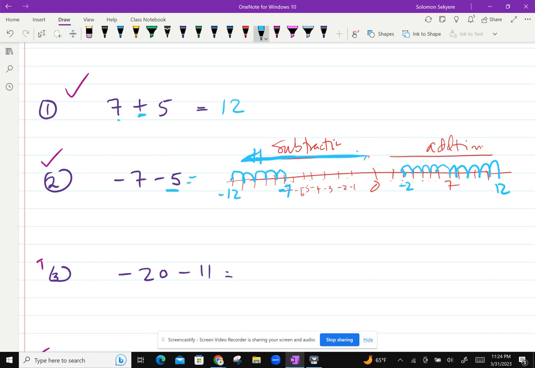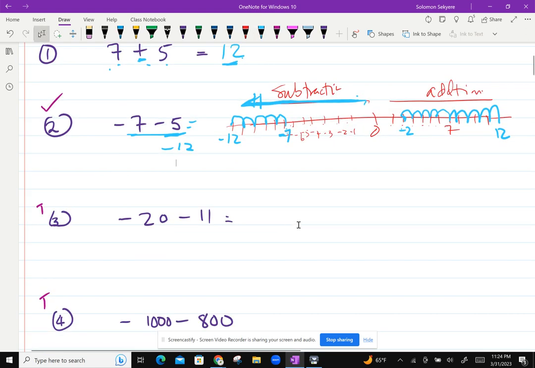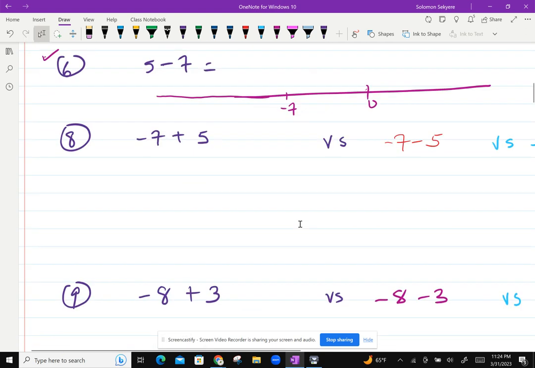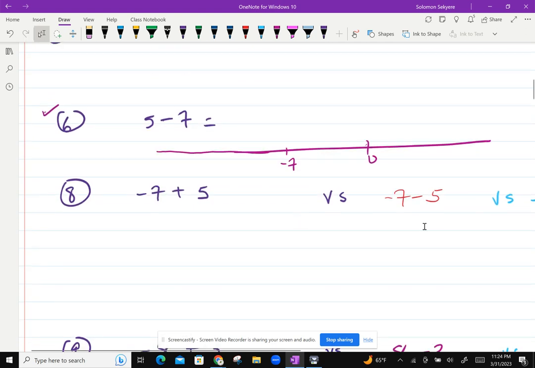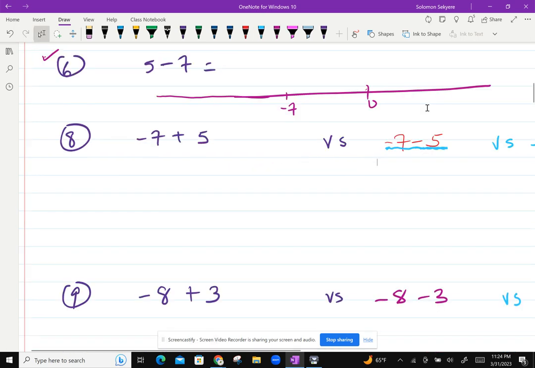So you see that 7 plus 5 is 12. It's a positive number and a positive number. You combine, you get 12. And this is a negative number minus 5. You combine those two, you get negative 12. You see the difference? Okay, so let's see the difference between negative 7 minus 5, the one we just did, and then negative 7 plus 5.